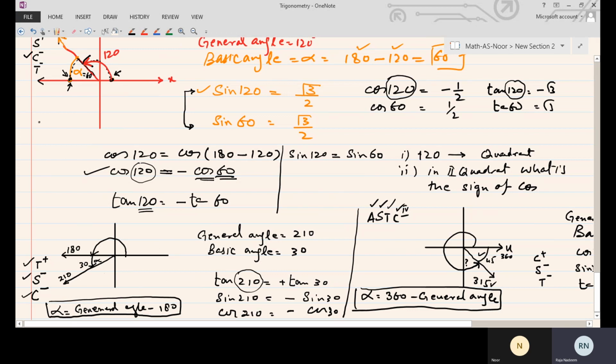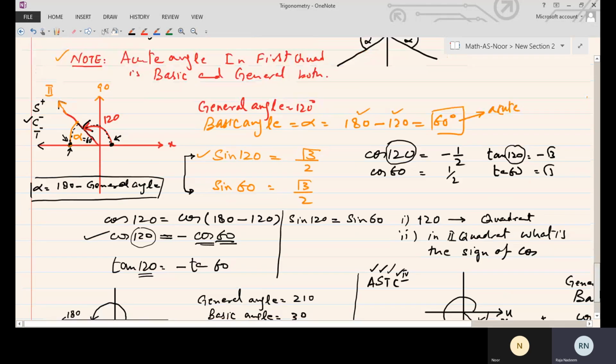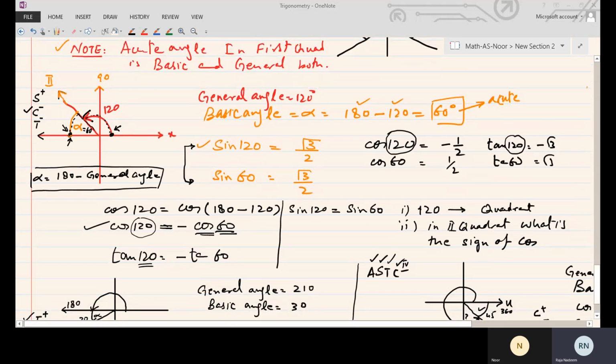In the second quadrant, alpha is the basic angle and you'll subtract 180 minus given angle. And in the first quadrant, all the angles are given angles and the same angle would be considered as the basic angle. Is it clear now?